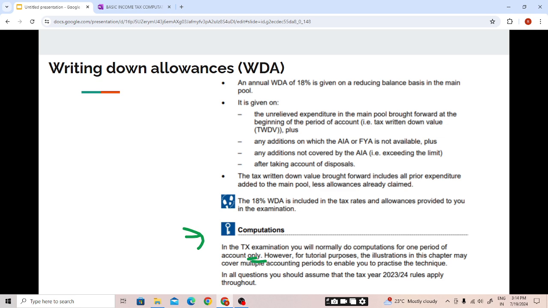But when we are practicing our today's question, we will be doing for multiple accounting periods so that we have a better understanding of this topic. In all questions, you should assume that tax year 23-24 applies throughout. This is only for calculation. But in your tax examination, the written down value will be provided and you need to calculate only for one period of accounts.